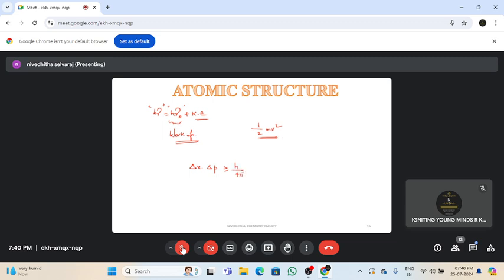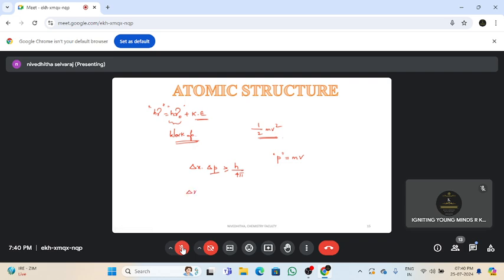Instead of momentum, we can write p as linear momentum, which can also be expressed as mass into velocity.